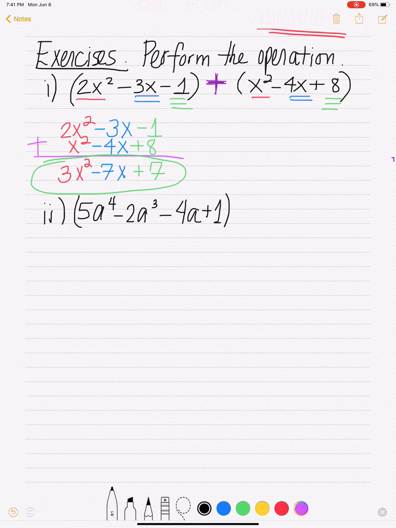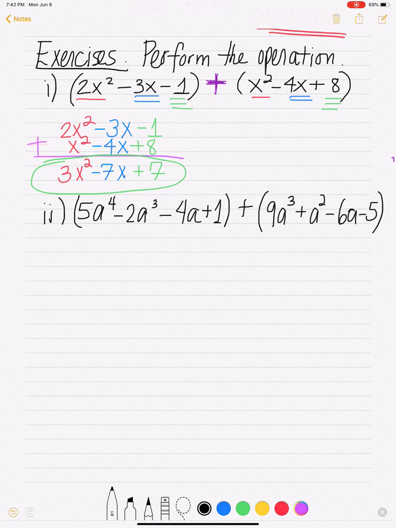And I want to add that to the following polynomial. What do we want to add that to? How about we have 9a cubed plus a squared minus 6a minus 5.